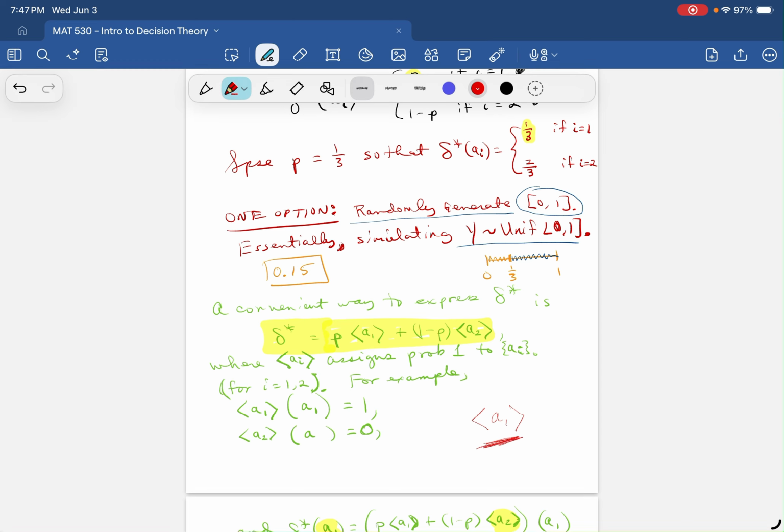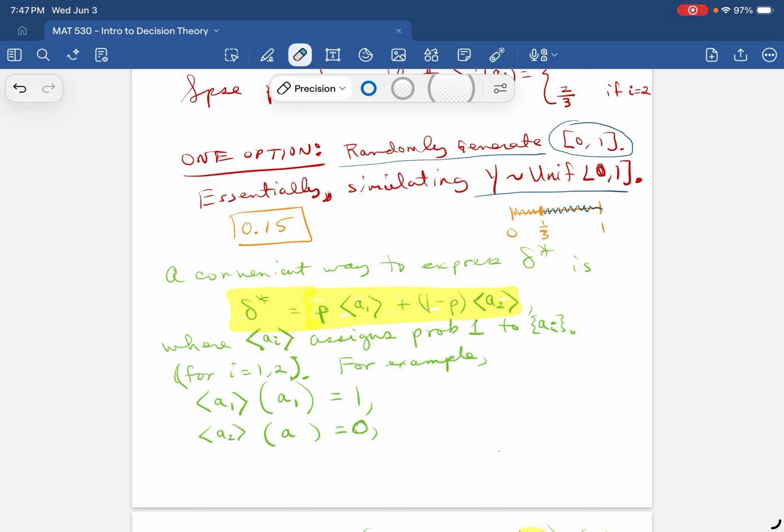And so let's see if we can convince ourselves that this expression that we see here really does represent the decision rule that we come up with. So remember that our action little a1 was we choose heads, and then a2 is we choose tails. And we're going to choose action a1 with probability p, and a2 with probability 1 minus p.